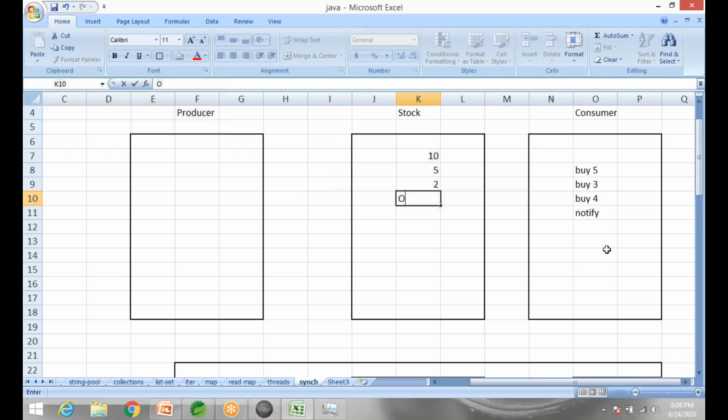Okay, you're running out of stock. You notify the producer. When you notify the producer, what do you do next? Wait. You wait. Okay, so this is what happens. When you notify, producer by default is sitting idle.